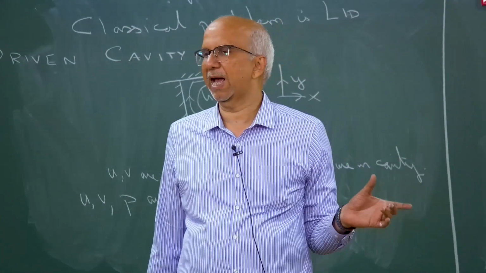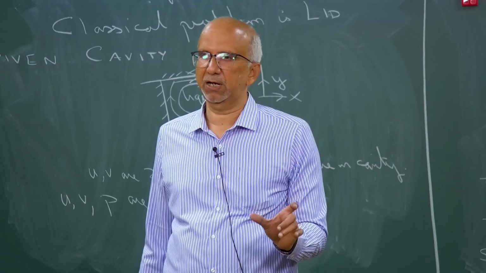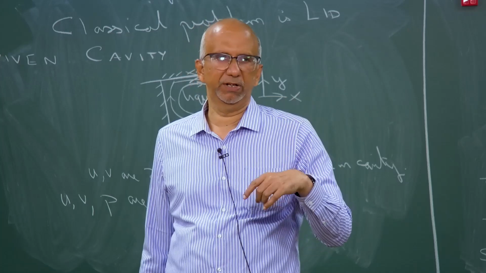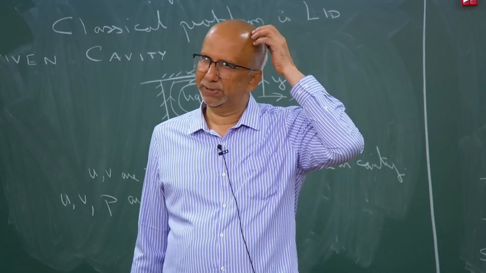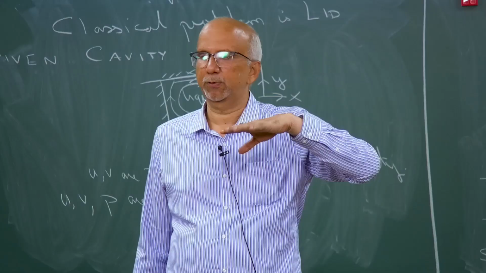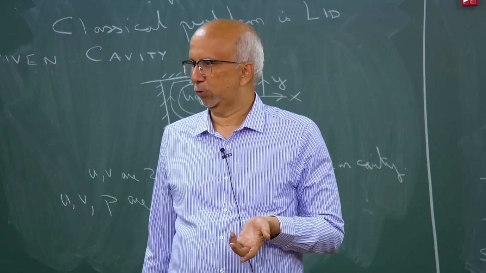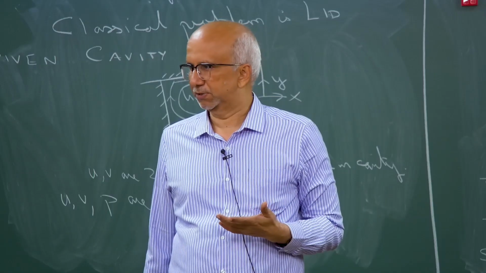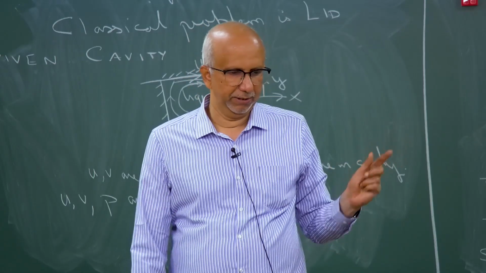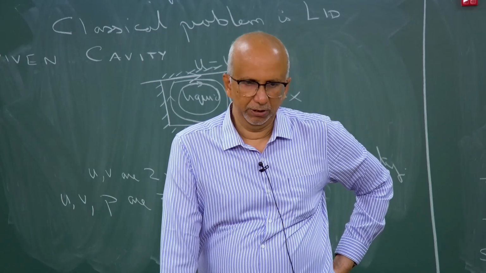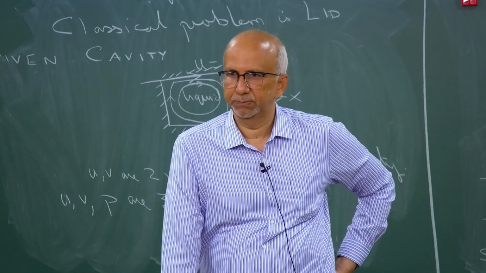I mean this is just an acronym, the SIMPLE algorithm is just an acronym for solving this kind of a problem in primitive variables, okay. So, basically this is the classical approach. If you are interested, of course at the end of the day you will have to write code, you will have to do numerical simulations. So, this is the classical algorithm for finding 2D flow fields in primitive variables.